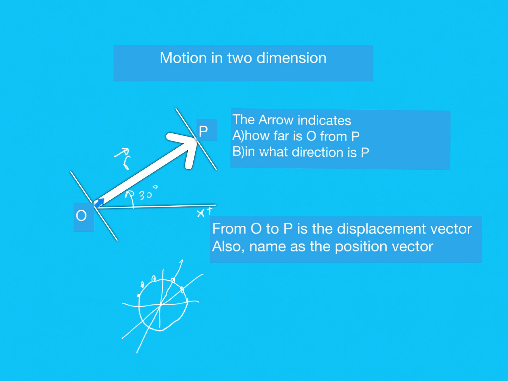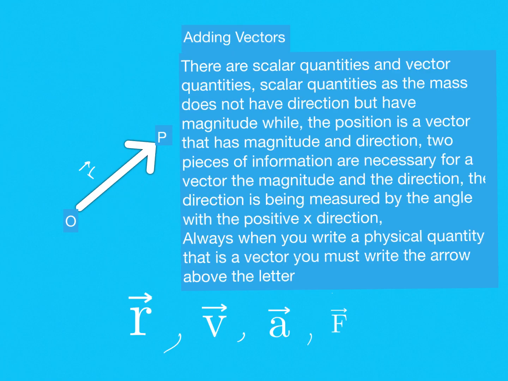Or you can think of it as the position vector. This is the position P at the time t. The object is here with respect to the reference point O. He is at 5 kilometers maybe, and at 30 degrees with respect to the positive axis.